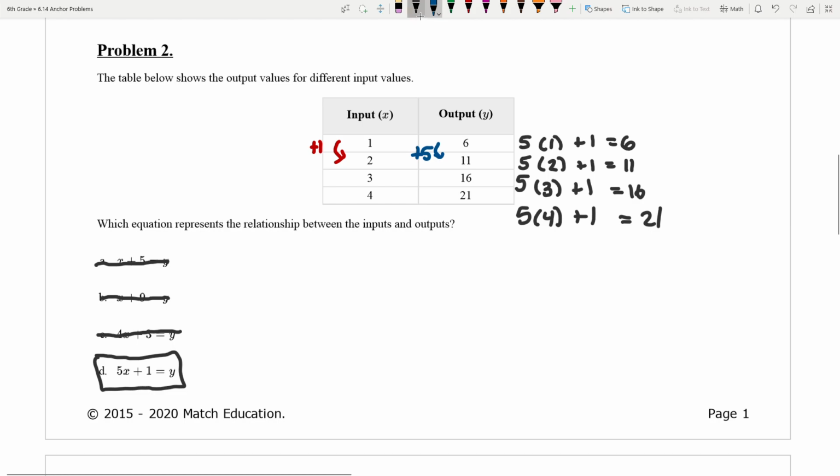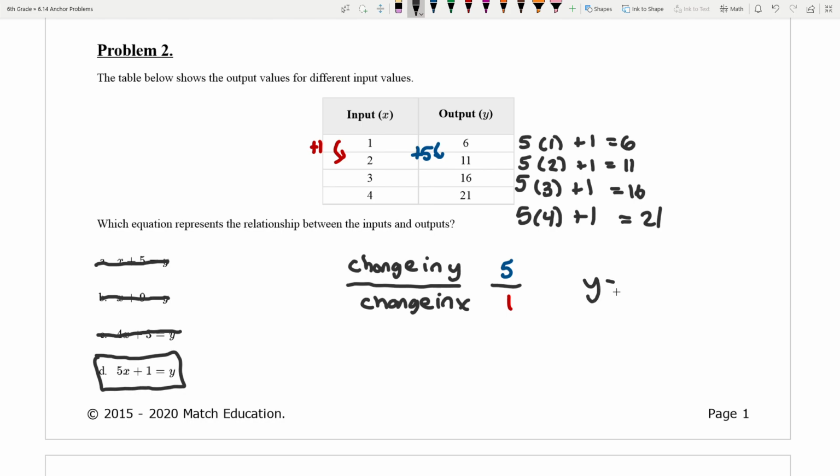And this is getting into some early slope ideas here, but if you think about the change in y over the change in x, the change in y here was 5. The change in x here was 1. And so we could start our equation by saying y equals 5 divided by 1 simplifies to 5x.